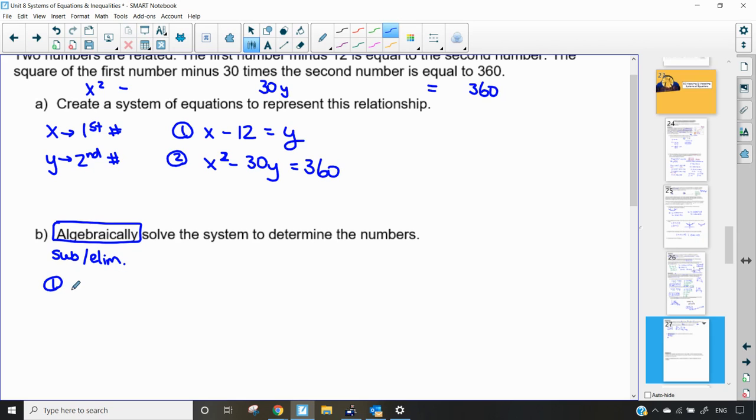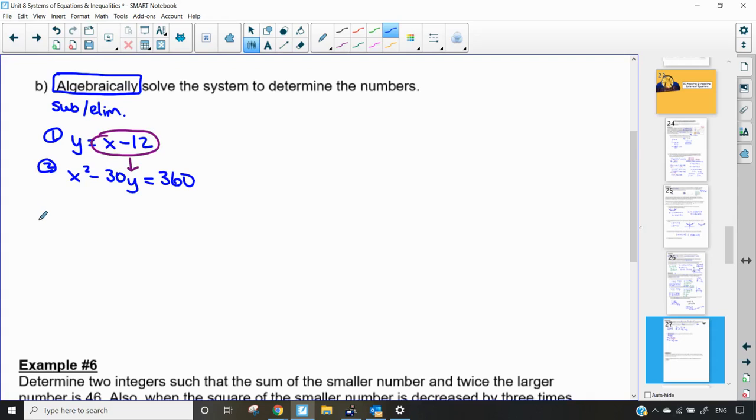So I'm just going to rewrite my equations down here. I've got y equals x minus 12 and x squared minus 30y equals 360. Using substitution, I'm going to sub that x minus 12 in for y. So this here is going to get subbed in right there. All right, so that gives me x squared minus 30 times x minus 12 equals 360.